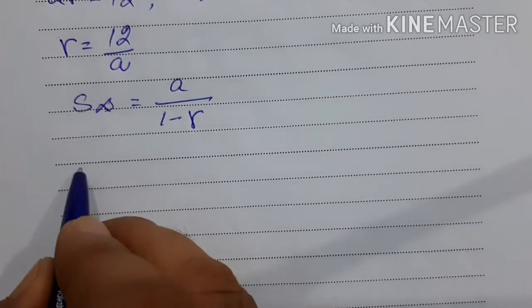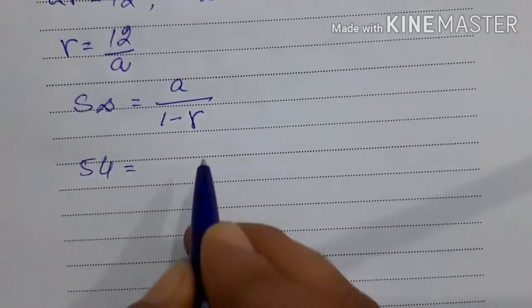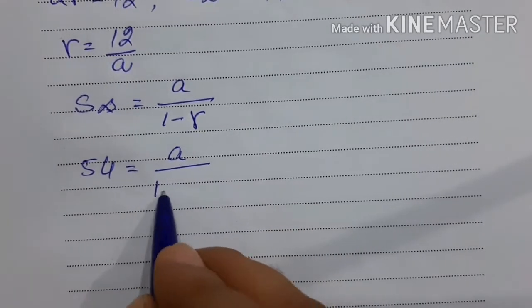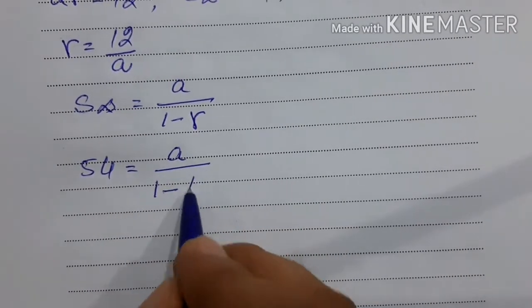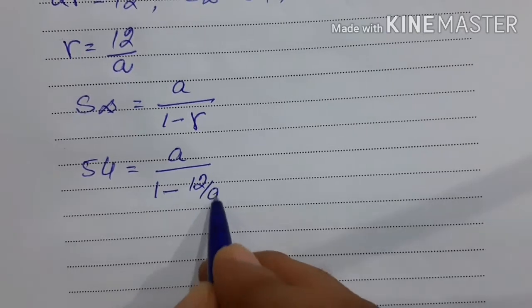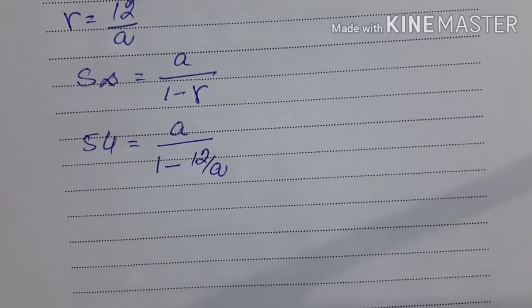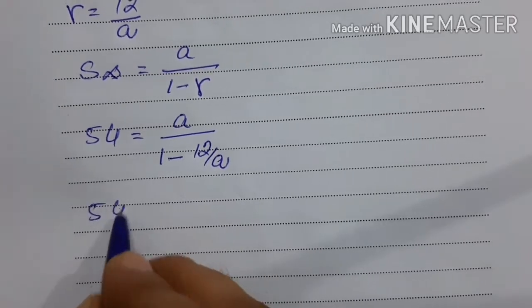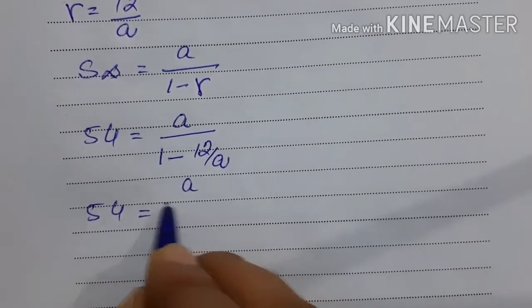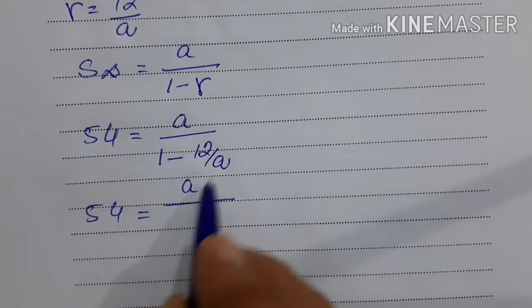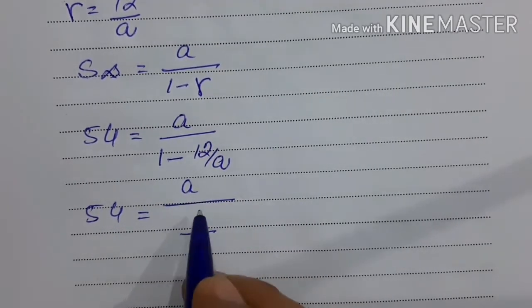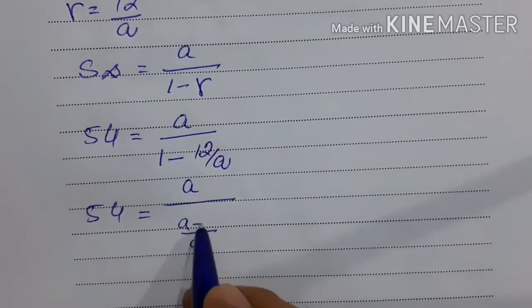I'll write it as 54 is equal to A over 1 minus R's value, 12 over A. Taking the LCM, this will become A minus 12.